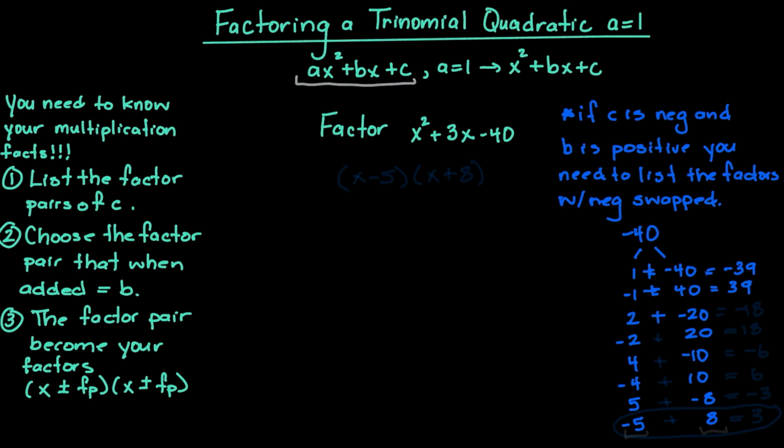2 plus negative 20 is negative 18. Negative 2 plus 20 is positive 18. 4 plus negative 10 is negative 6. Negative 4 plus 10 is positive 6. 5 plus negative 8 is negative 3. And negative 5 plus 8 is positive 3.